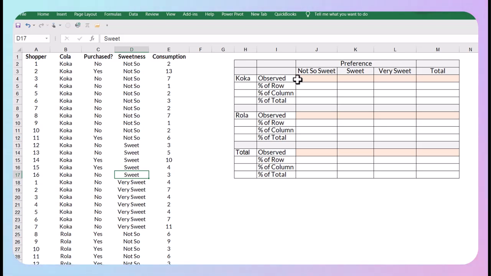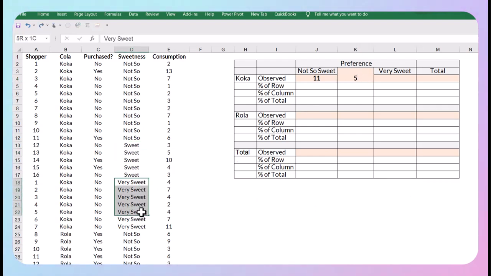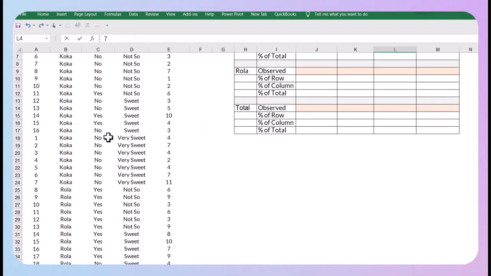I'm going to start with Coca, not so sweet: 1, 2, 3, 4, 5, 6, 7, 8, 9, 10, 11. For sweet, I have 5. Very sweet, I have 7 of those. Now I'm going down to Rolla.